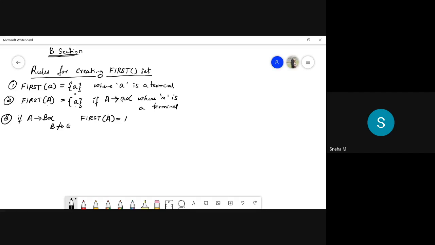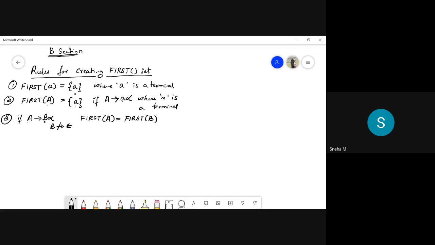Then it is first of B. If the leftmost symbol in the body of the production for A is a non-terminal and it is not producing epsilon, then you have to find the first set of B, because the first set and the follow set will always contain a set of terminals. You cannot have a non-terminal in the set. So first of B is nothing but first of A in that case.